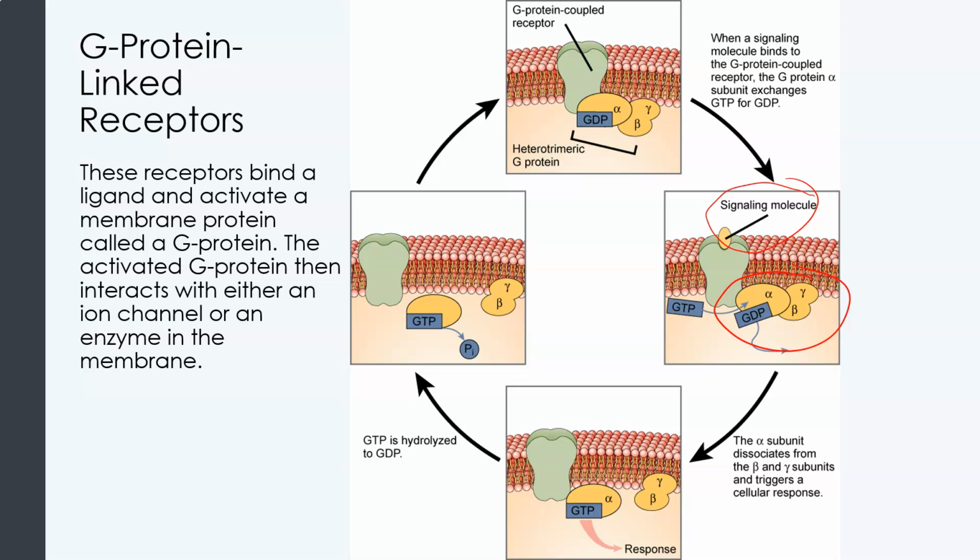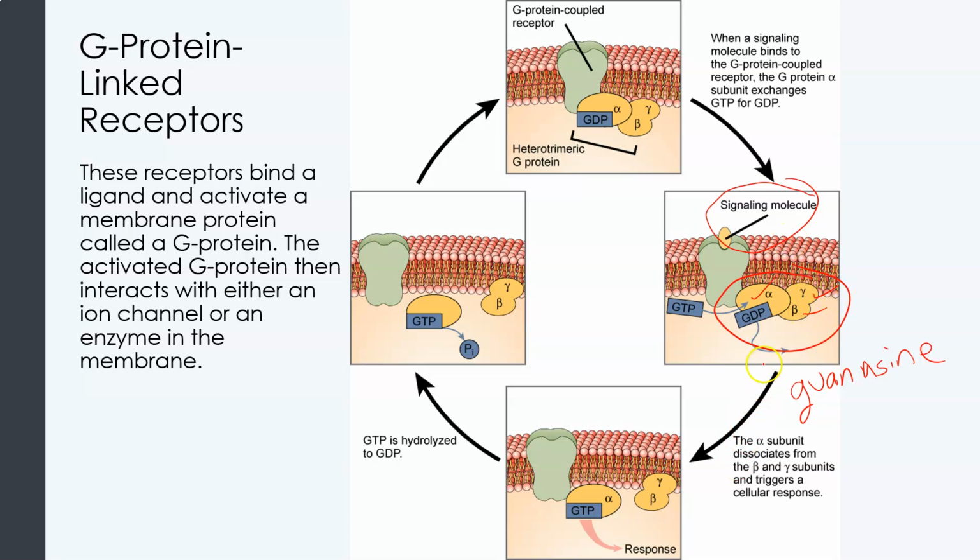But anyway, what we're looking at here is a molecule called GDP. Now, I know you've heard of ATP and ADP, which are adenosine triphosphate and adenosine diphosphate. Well, this is guanosine diphosphate, which contains an alpha unit, a beta unit, and a gamma unit.